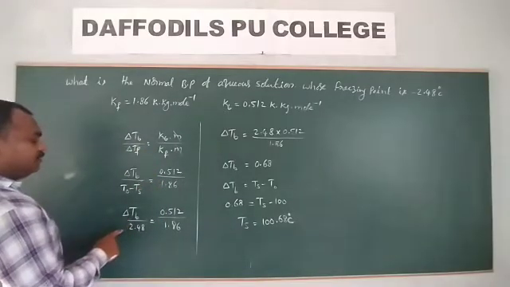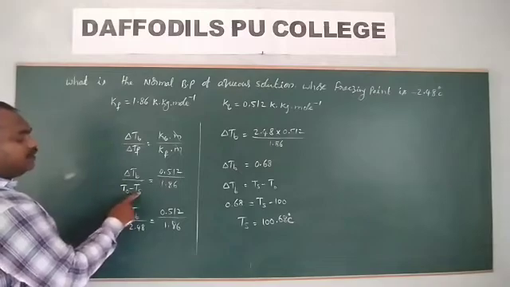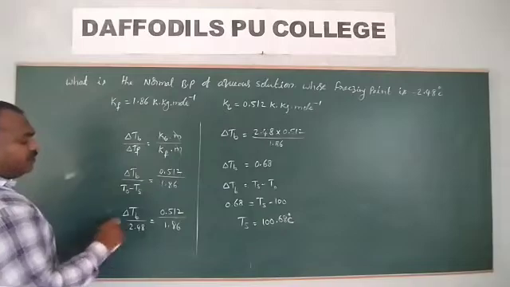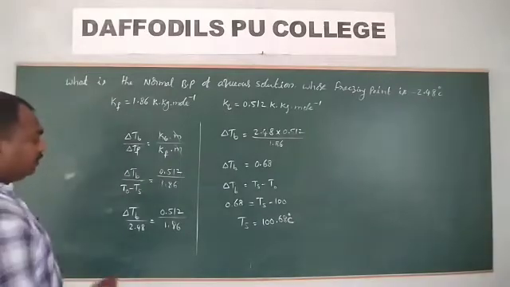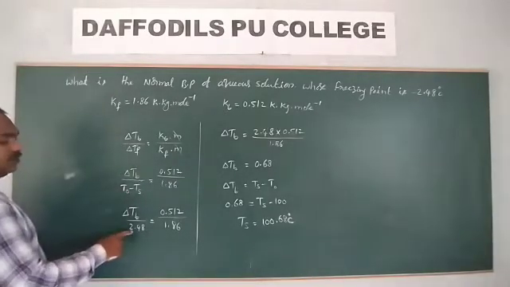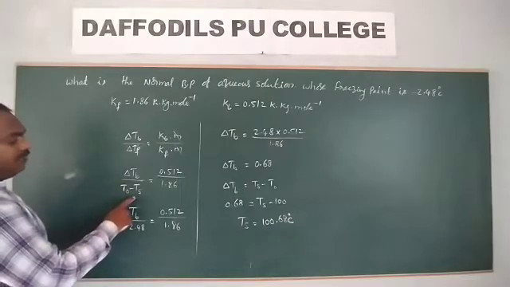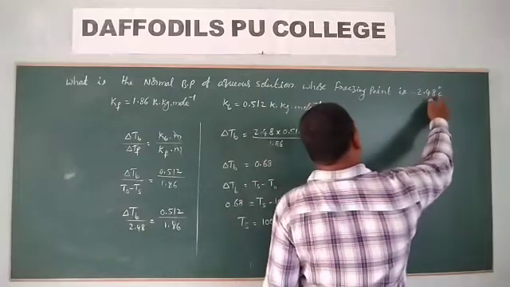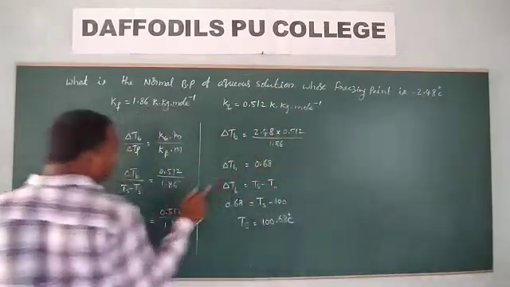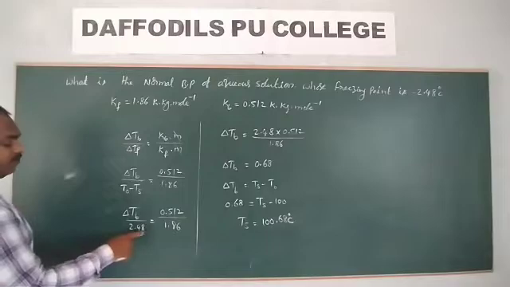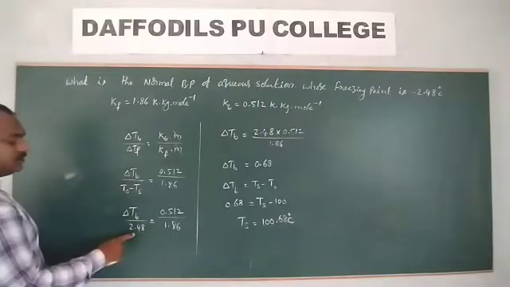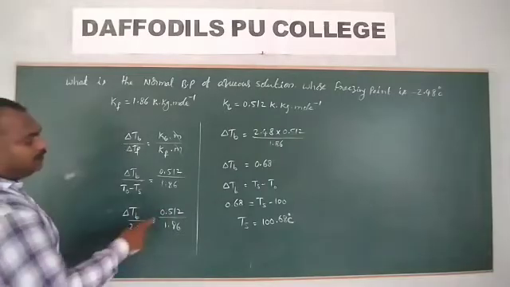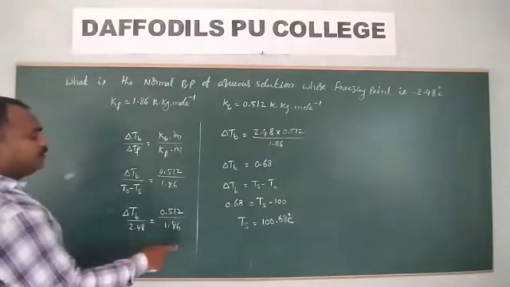So delta Tb by T naught minus Ts, where T naught of water is 0 degrees centigrade and Ts of the solution is minus 2.48. Minus of minus becomes plus, so delta Tf is 2.48, and delta Tb by 2.48 is equal to 0.512 by 1.86.